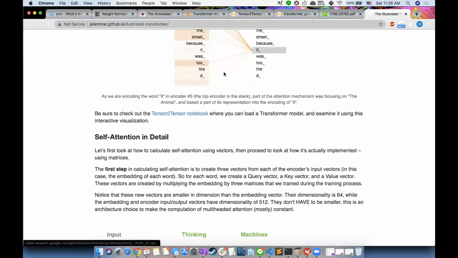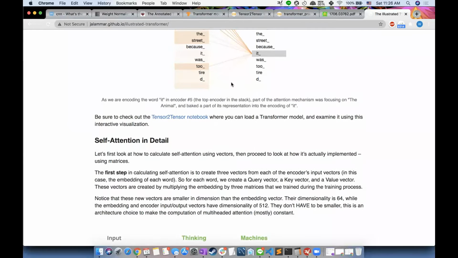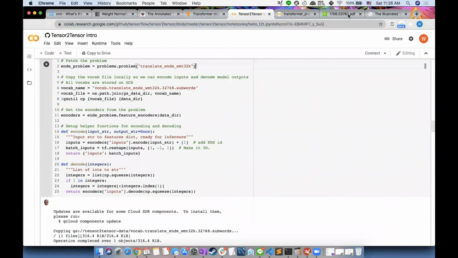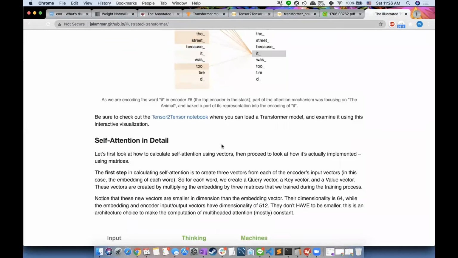This kind of graph visualization comes from this notebook, and I'm going to share that as well, just so you have it, but we're not going to go through this. I just sent that in the chat.